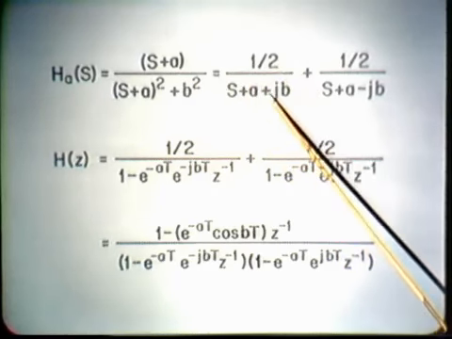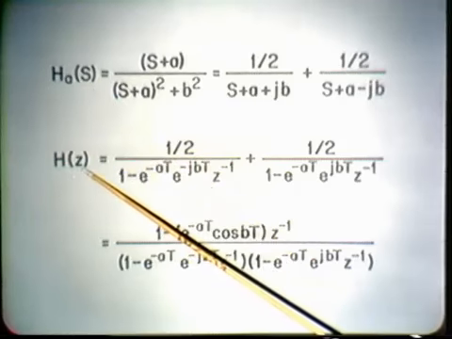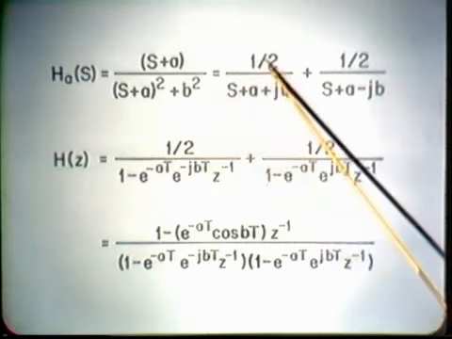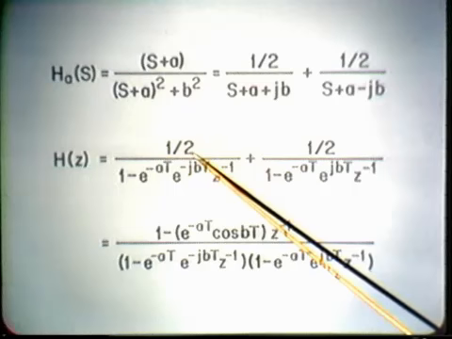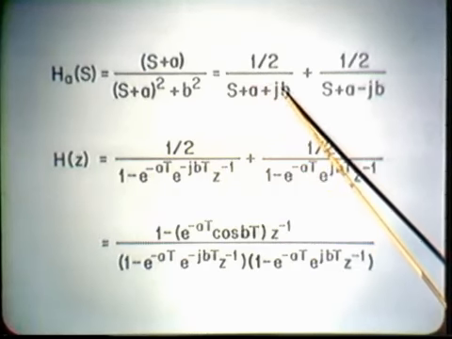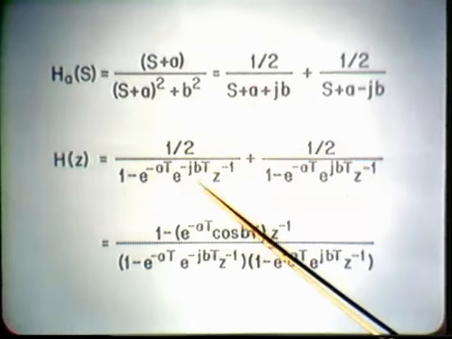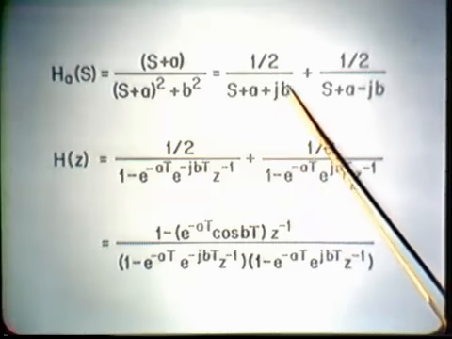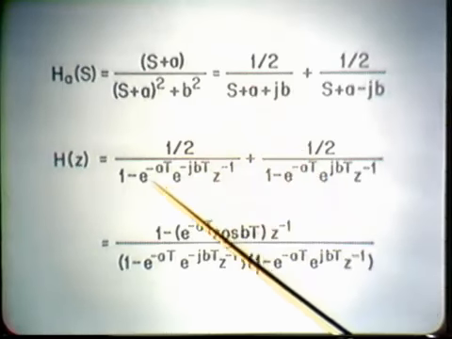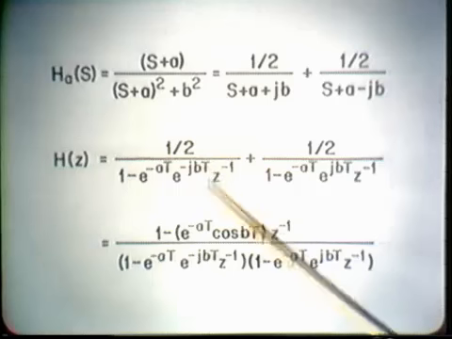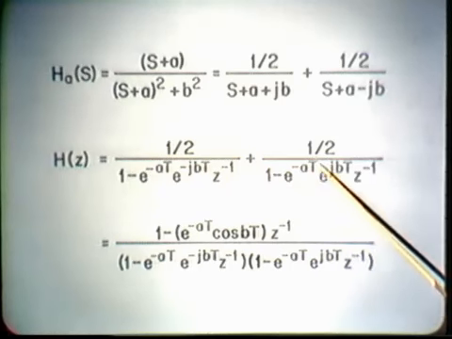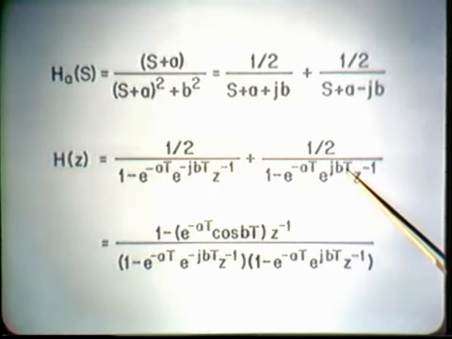All right, well, mapping this analog system function to the digital system function, we maintain the residue and map the pole at minus a minus jb to a pole in the z-plane at e to the minus a capital T, e to the minus jb capital T. So the resulting digital transfer function has these same residues, and it has poles which are at e to the minus aT, e to the minus jbT, and e to the minus aT, e to the plus jbT.